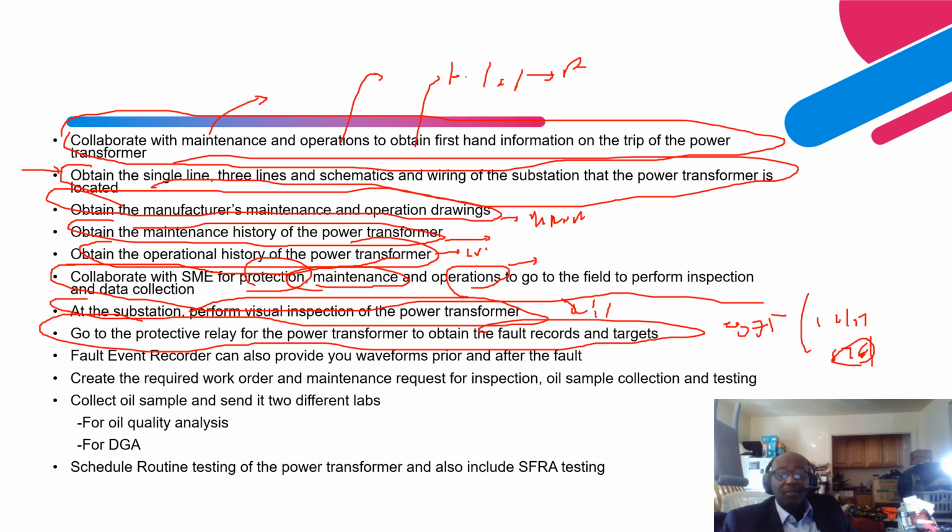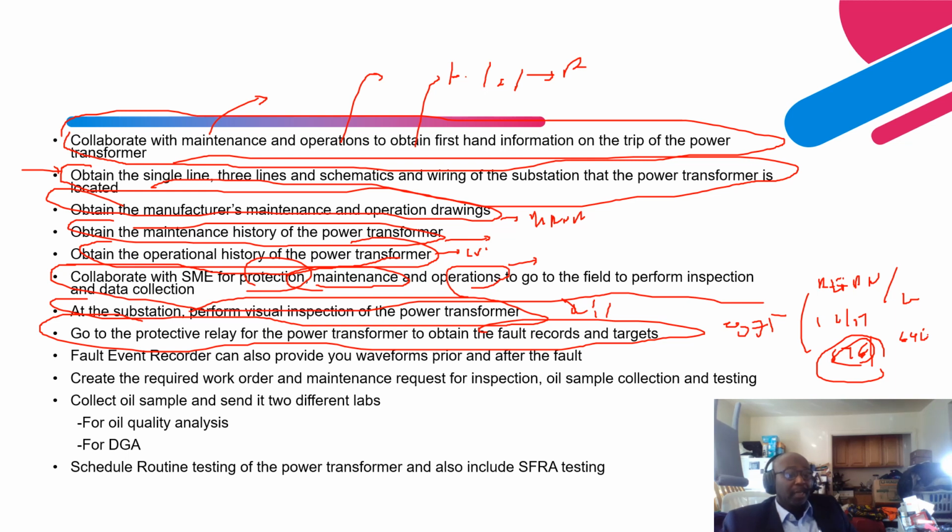Then if you have a restricted earth fault, 87N, or the high impedance or low impedance 64 REF, and the 51G might be a backup for the 64 REF. So you go to all those relays to obtain information. If they've dropped targets, obtain that information.